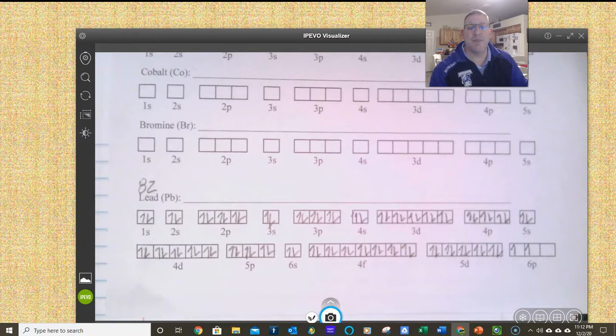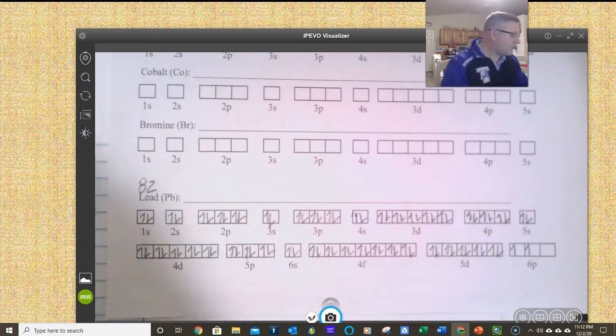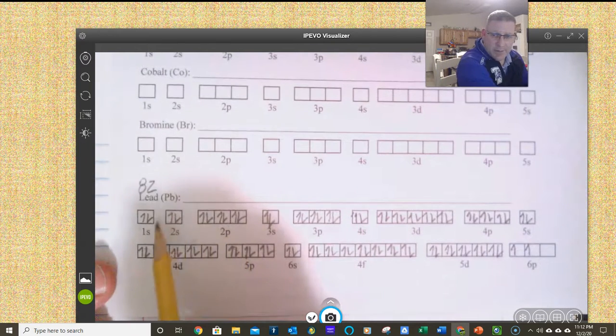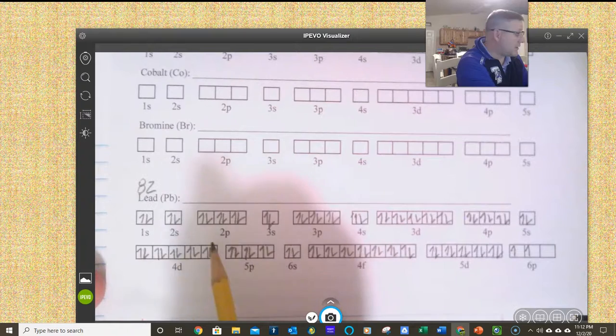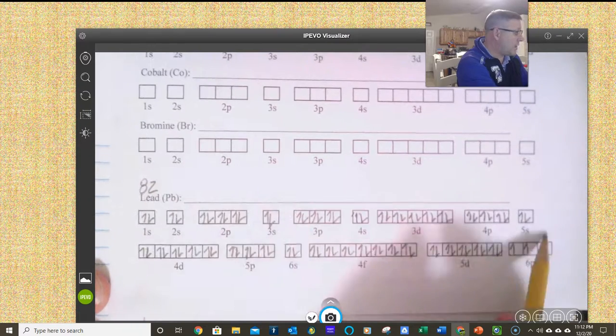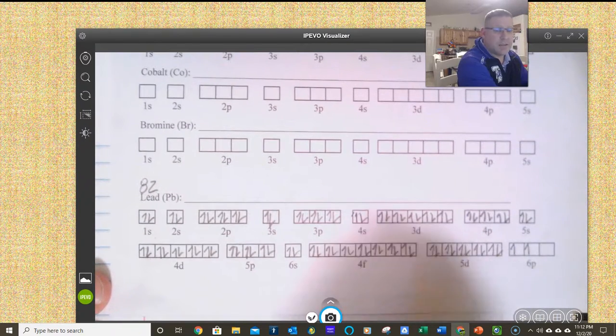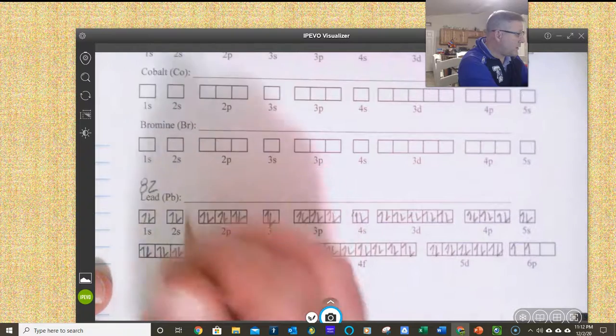And that is how we do our orbital filling diagram. Once again, I'm going to do the same process that I previously did. I'm going to observe what I have here, and I will simply write it up above.